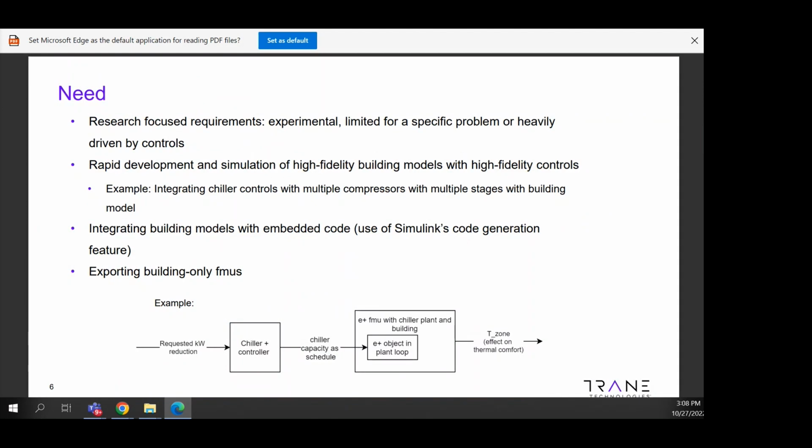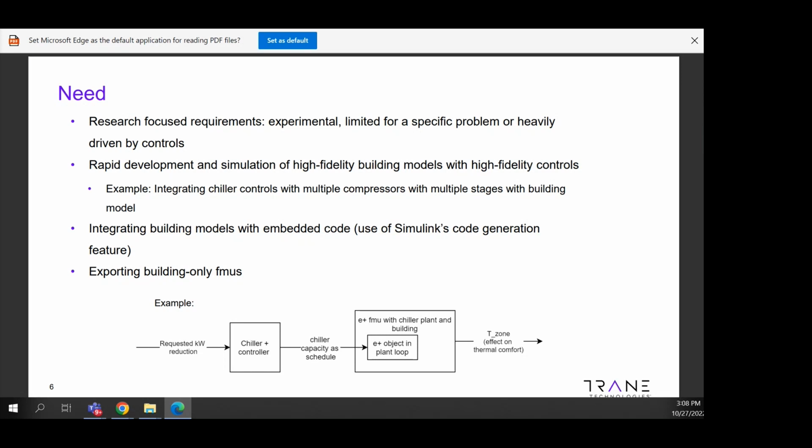Okay, so what are these? Often in the group I come from, the requirements are experimental and often very low-level controls. One such requirement is that you want high-fidelity controls related to high-fidelity models. Oftentimes, based on our objectives, we simplify one or the other.